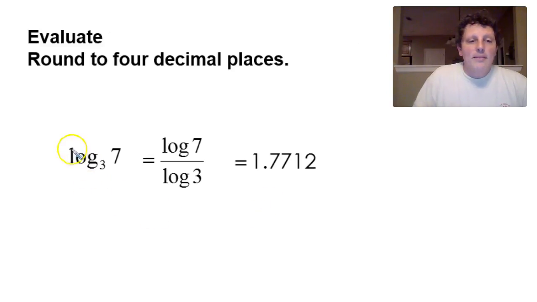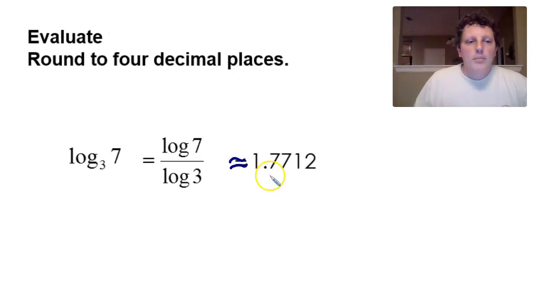For example, if we have log base 3 of 7, I can get a decimal approximation of this by finding the log of 7 divided by the log of 3: the log of what's inside divided by the log of the base. Technically, this is going to be an approximation, and I'm going to have to round it. It's probably not going to work out to be a perfect whole number or even a decimal that terminates.